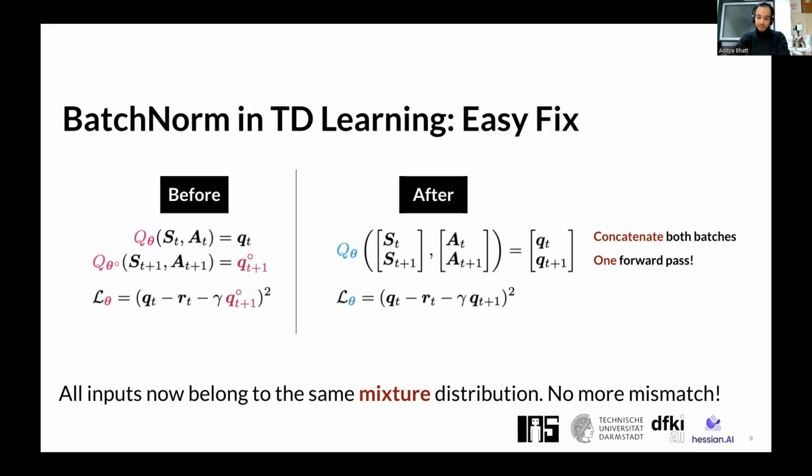And when you have this kind of wider mixture distribution, you're going to use consistent moments, where the means are going to look like the arithmetic mean of the two means of both batches. We use these mixed normalization moments, and therefore there's never a mismatch now. And by the way, we find that this works very effectively. This was a very, very simple hack.